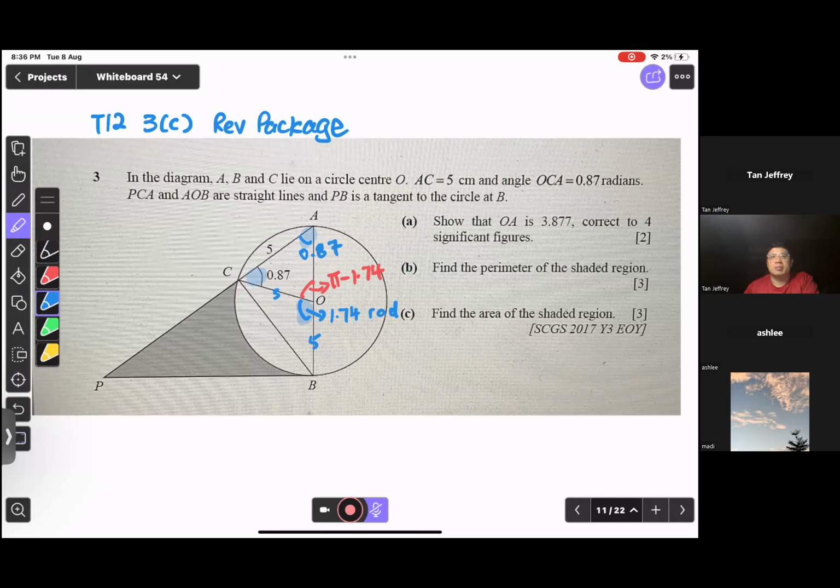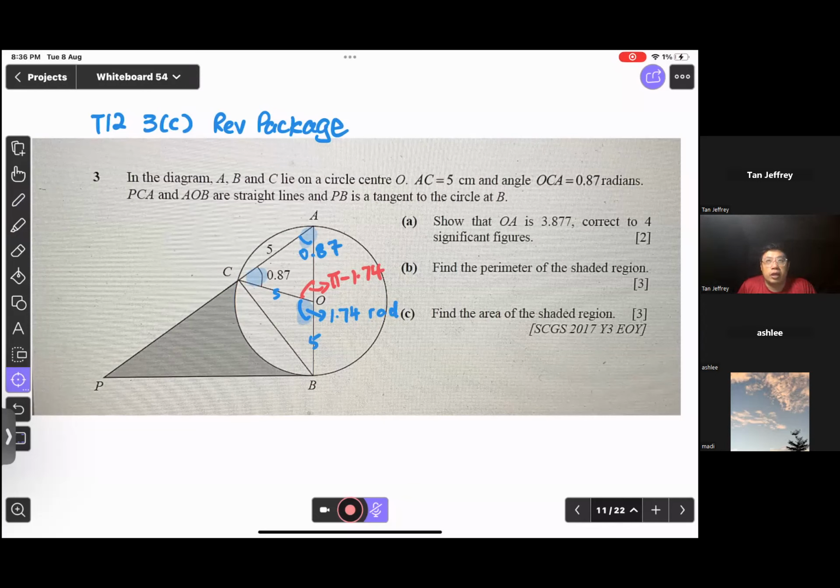From here, you can find the area of this segment, segment BC. Then you take the area of this triangle minus the area of this segment. How do you find the area of the triangle? From earlier on, you found OA.